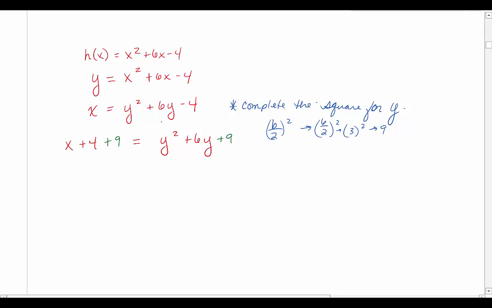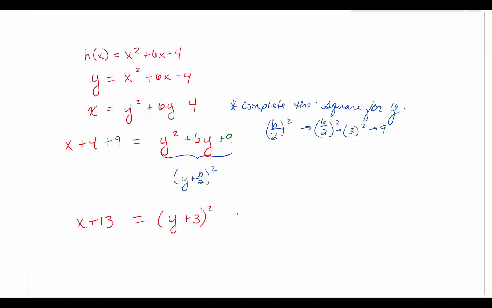Our perfect square trinomial always factors into the form y plus b divided by 2 squared. On the left, this is x plus 13. On the right, it factors into y plus 3, quantity squared.